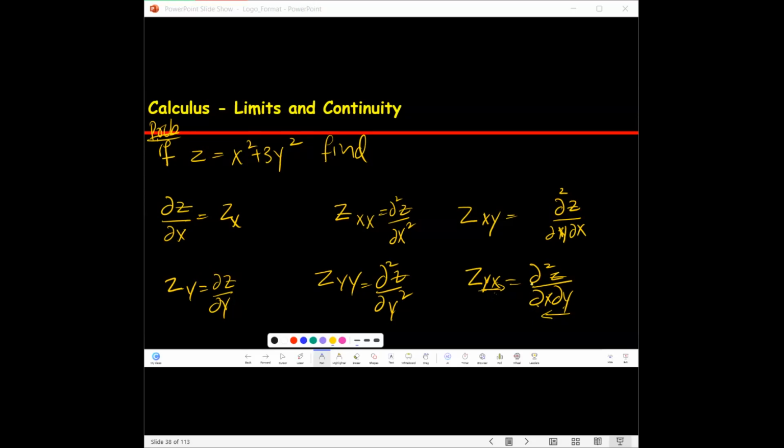Y first and then x later. It's a very important part, so we don't get confused. So let's solve this problem. I need to calculate all of these for this function.